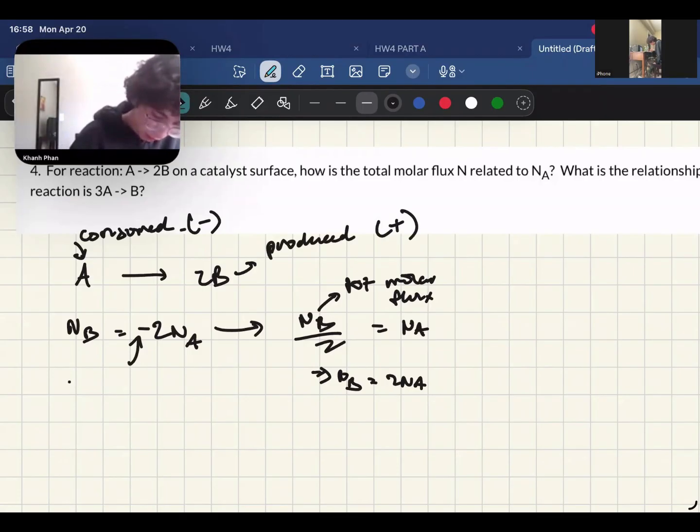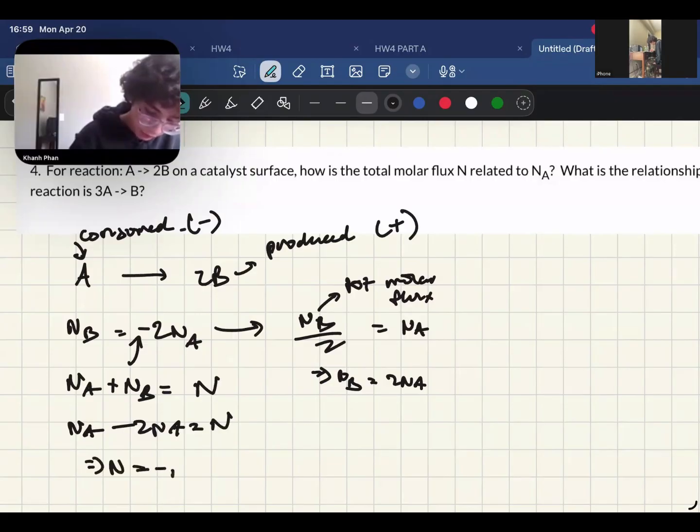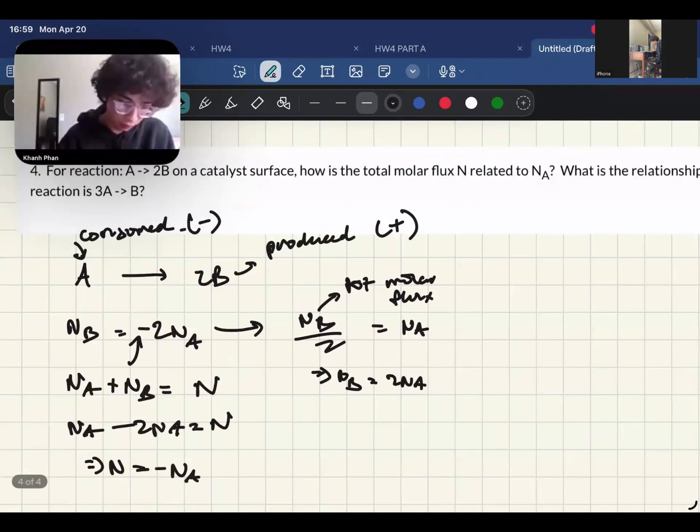So when the total molar flux Na plus Nb is equal to N, we have Nb equal to negative 2Na, so we plug that in. Na minus 2Na equals N, so the total flux is equal to negative the molar flux of A. So that's what we have for the first one.